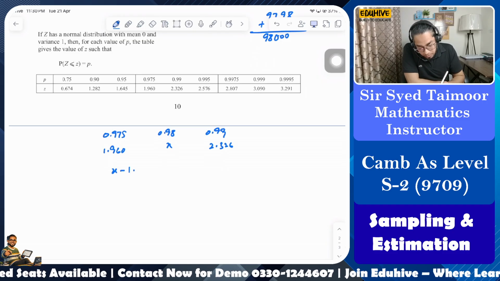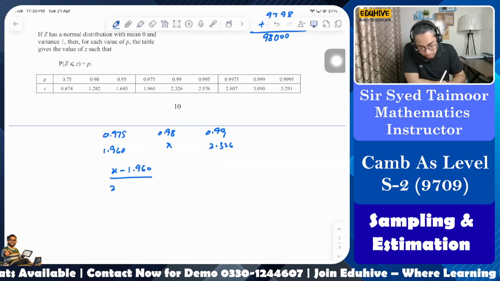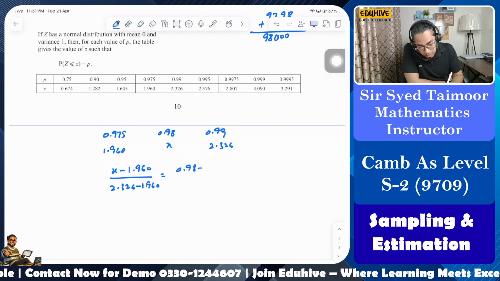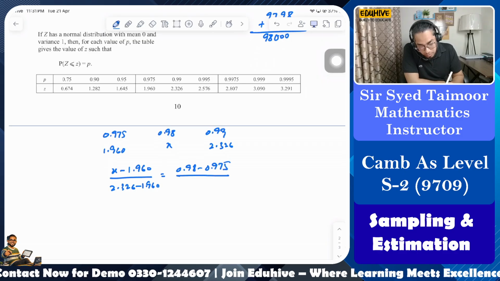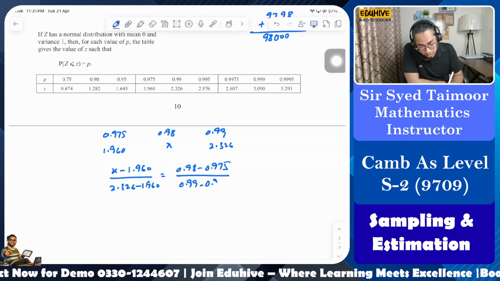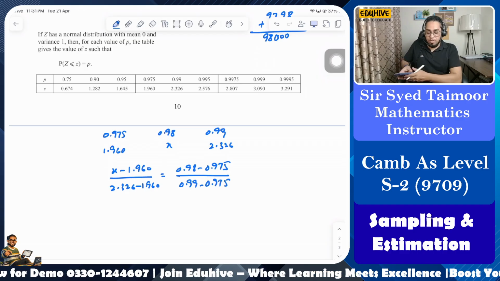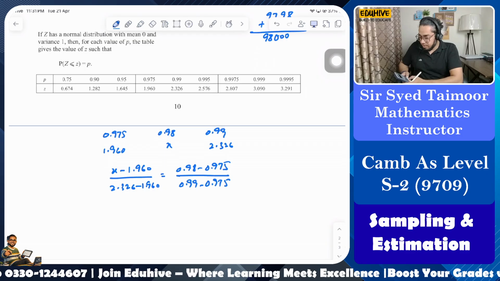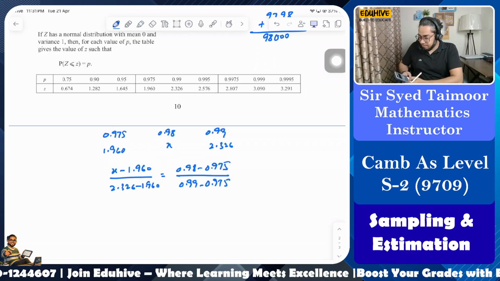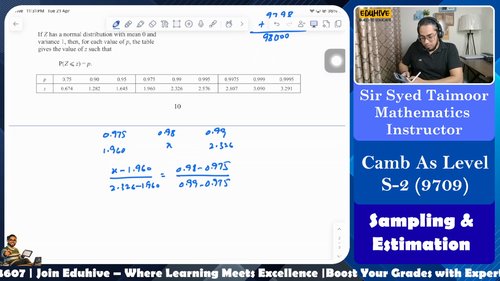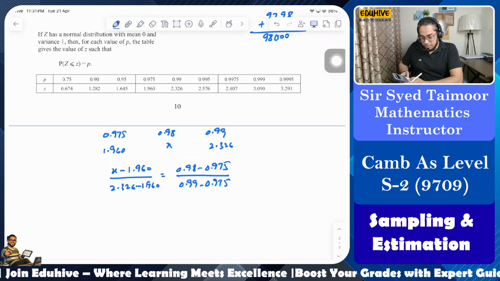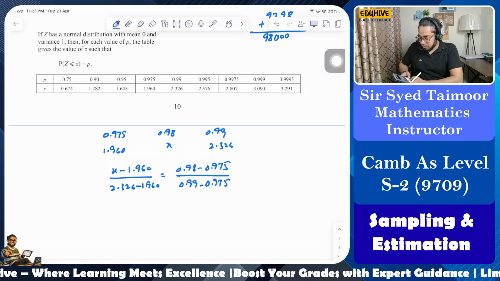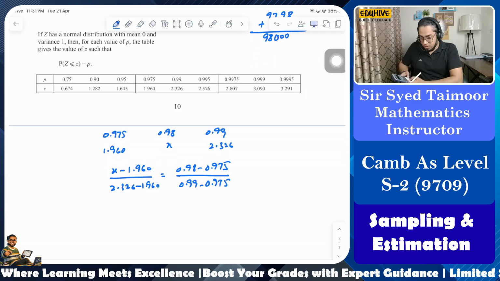So x minus 1.960 divided by 2.326 minus 1.960, 0.98 minus 0.975 and 0.99 minus 0.975. Are we going to have the same answer? Yes, exactly. It's easy.